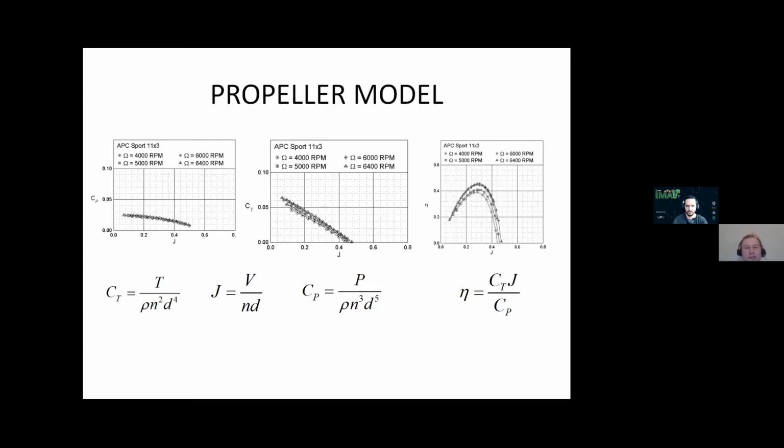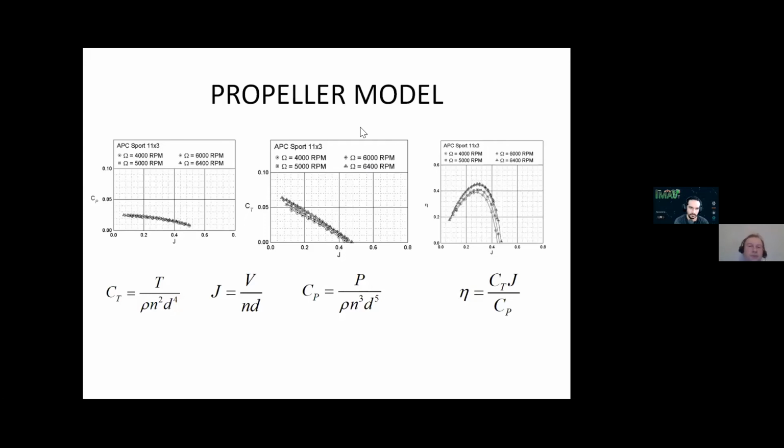As a traditional case, the propeller of a copter can be described by so-called non-dimensional characteristics such as thrust coefficient, power coefficient, and efficiency as a function of advance ratio J. As an example, on this slide you can see these characteristics for the APC Sport 11/3 propeller.